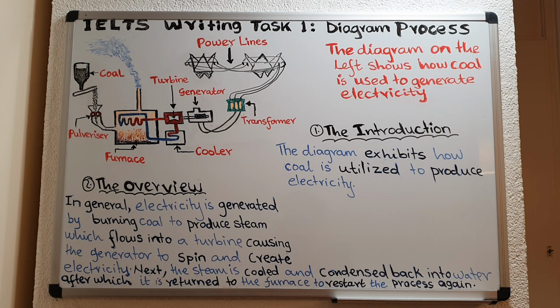Is used and is utilized in this case mean exactly the same. Okay? Now, the next word is generate. Generate, we are going to replace that word with produce. In this context, generate and produce mean exactly the same.